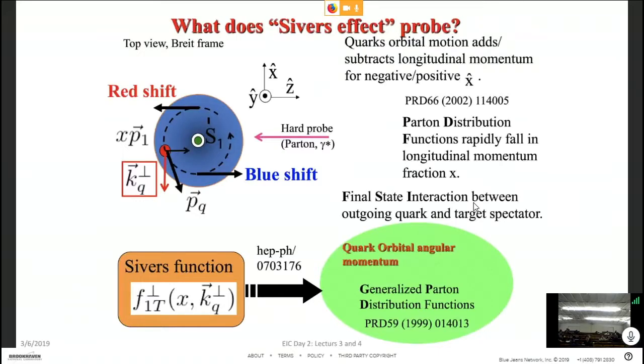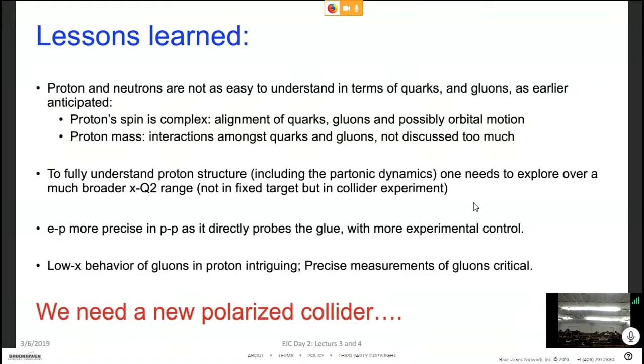So to summarize all this, protons and neutrons are not as easy to understand as people thought before. Simple alignments of quarks and gluons do not make a proton. We now know that there could be orientation and possible orbital motion.